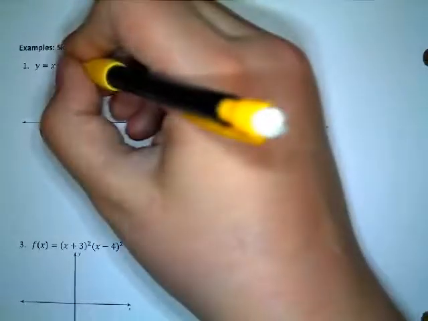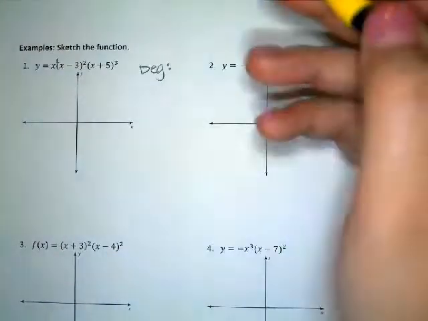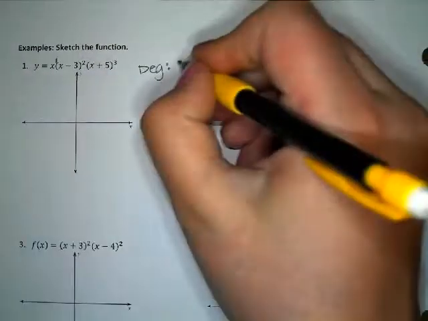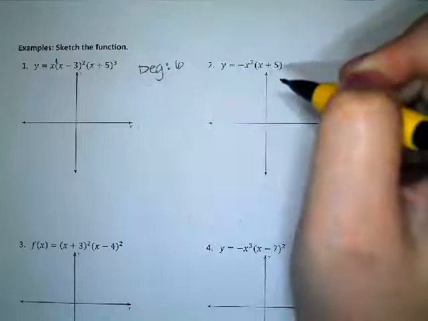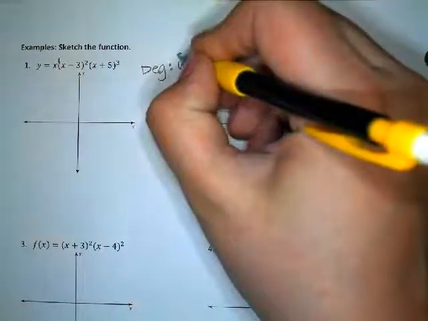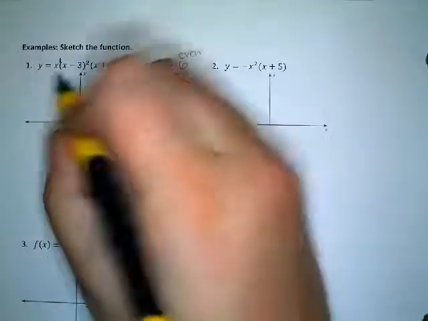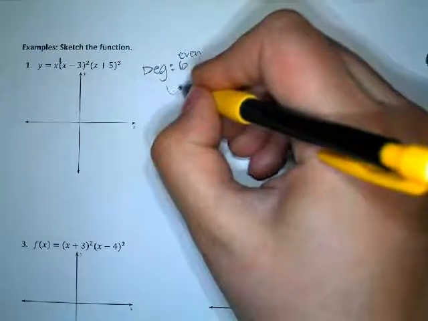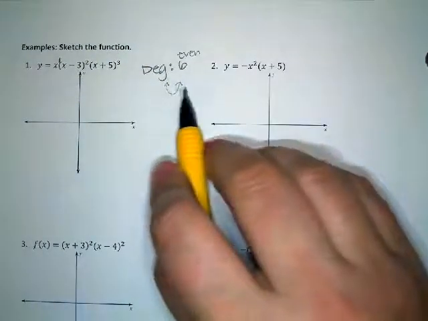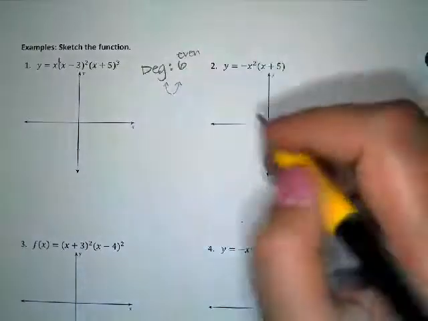So this is 1, 2, 3, 4, 5, 6. So this would be a degree of 6. It's a positive in the front, so this is an even number with a positive in the front. So overall, I know that both of my arrows are going to go up. Does that make sense? Overall, they're both going to go up.